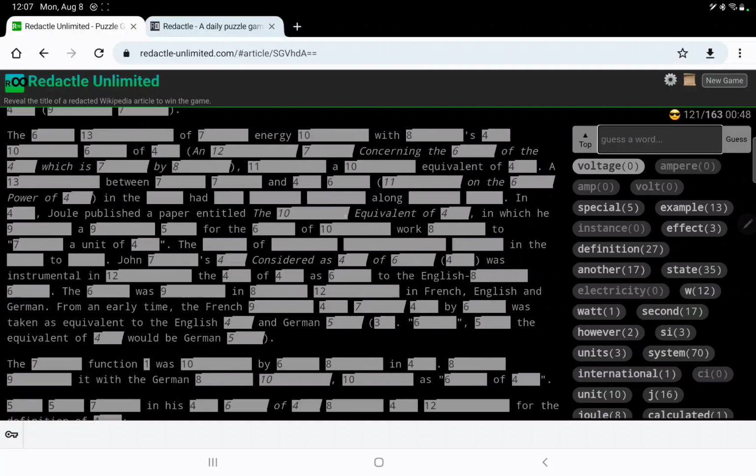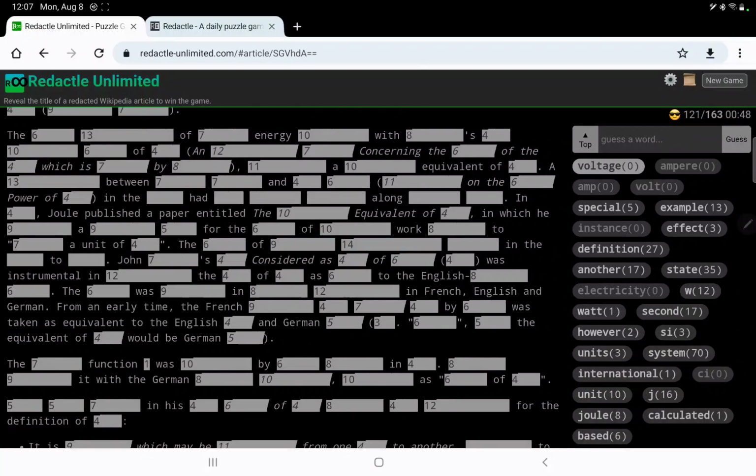So Joule published a paper entitled The 10 Equivalent 4, in which he proposed, no, outlined, suggested we've done a 9, 5 for the something of 10, work 8 to the 6 of 9, 14, 7 in the something to something.